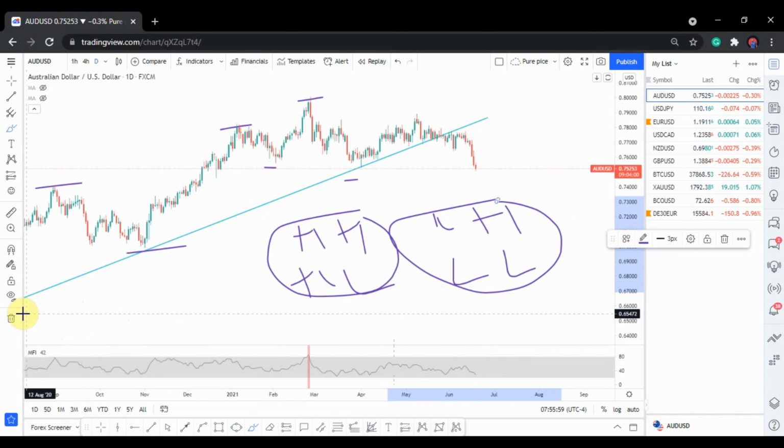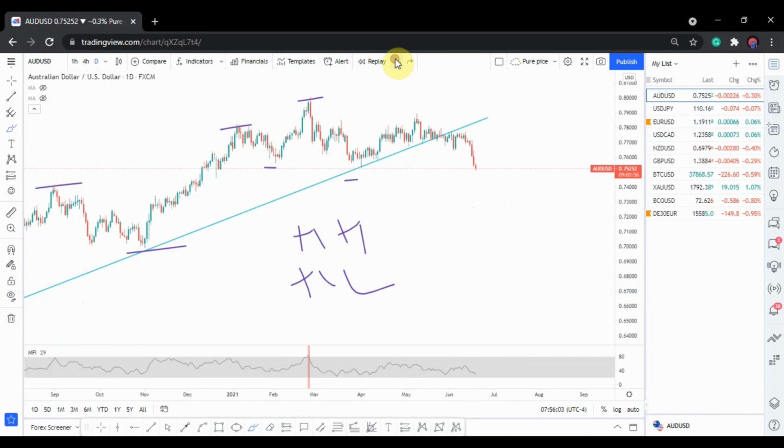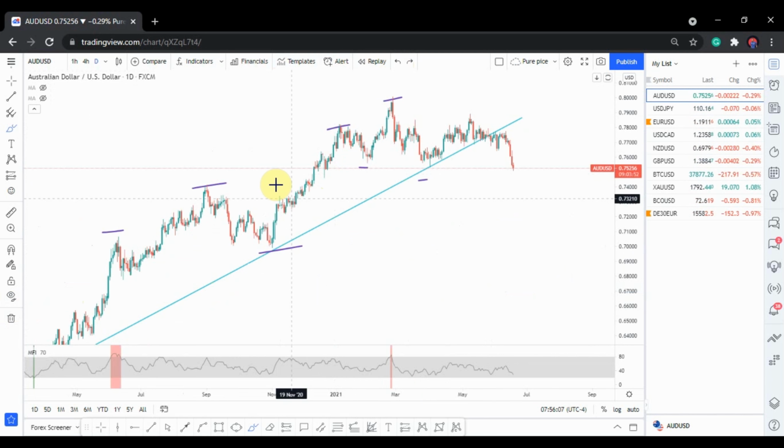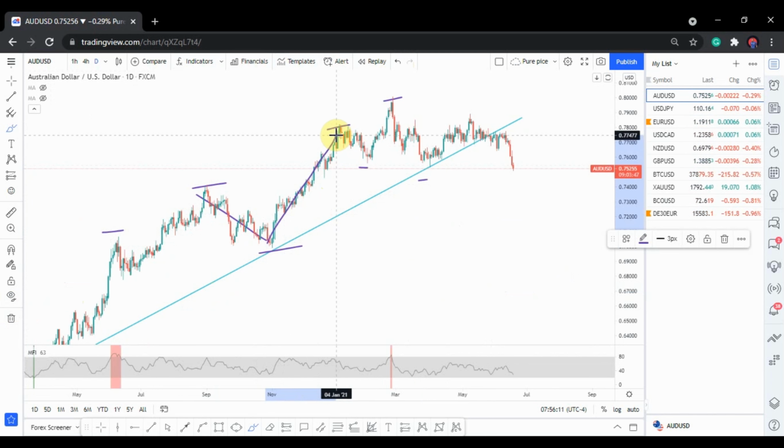For example, if you can pay attention to what is happening here, we can see that the market has been moving with a sequence of corrective and impulsive waves, but then here, we've seen the market with an impulsive wave and then a small corrective.